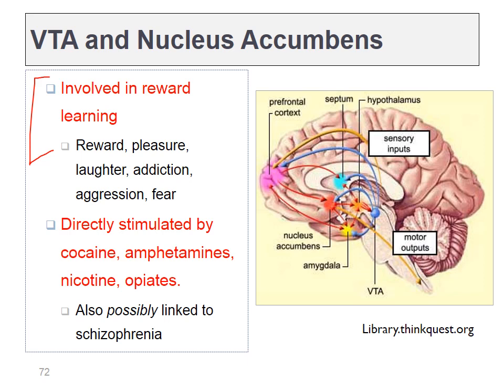Activation of the nucleus accumbens results in pleasure, and it's involved not only in learning, but a special type of learning called addiction. This part of the brain can be directly stimulated by a number of drugs that we say are addictive, such as cocaine, amphetamines, nicotine, and opiates.